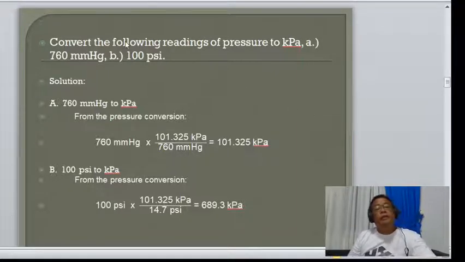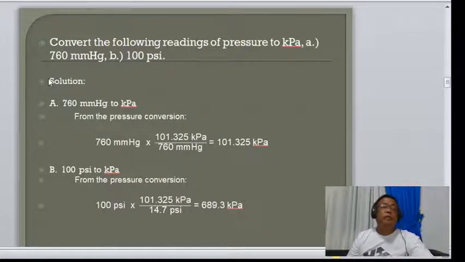Convert the following readings of pressure to kilopascal. A, 760 millimeter of mercury, and B, 100 psi. We are not talking about absolute pressure here, only pressure conversion. A, 760 millimeter of mercury to kilopascal.